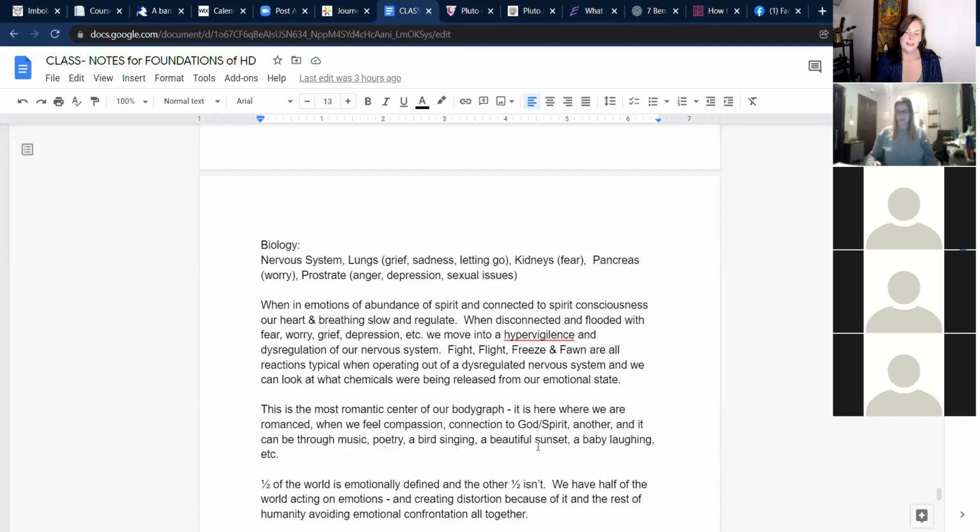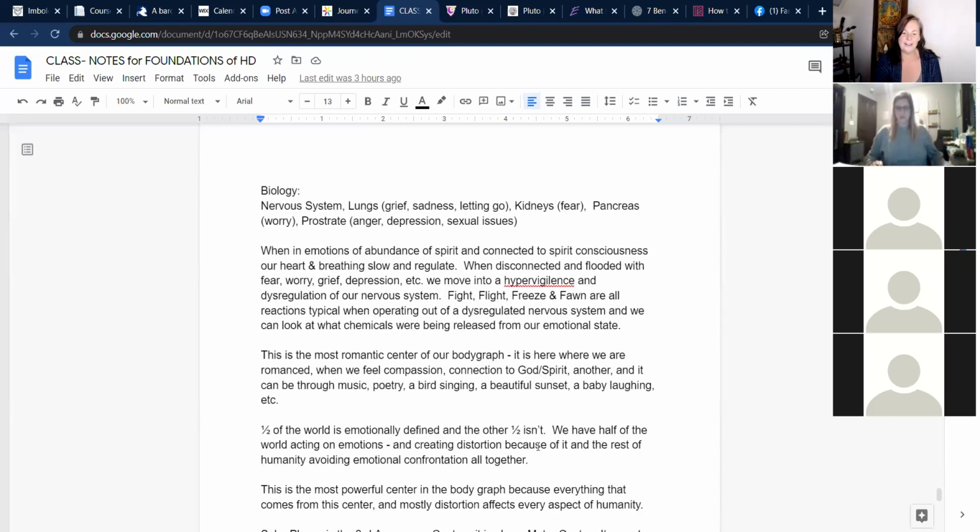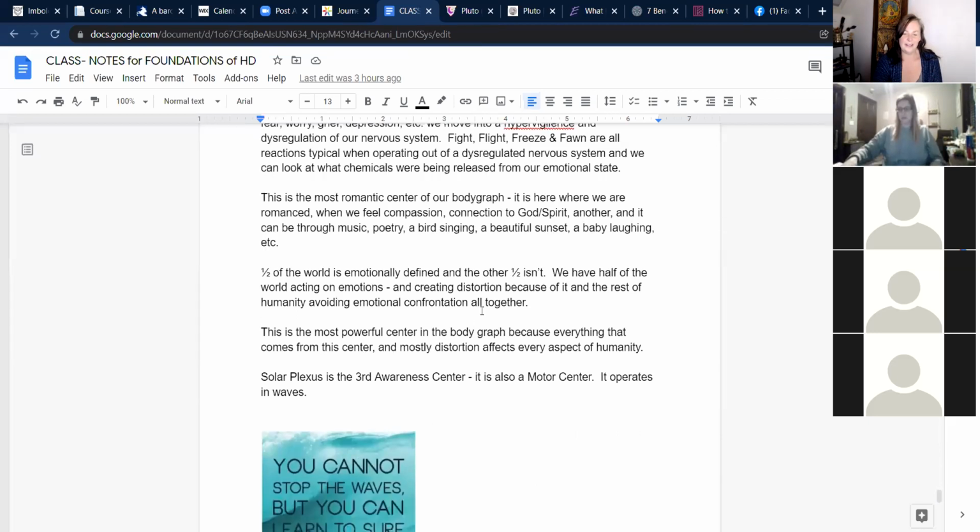So there's just so many layers and levels to the center. And like I said, this is the most powerful center in the body graph. Everything that comes from the center is mostly distortion. You can see even now, in the world, how much emotion impacts you.